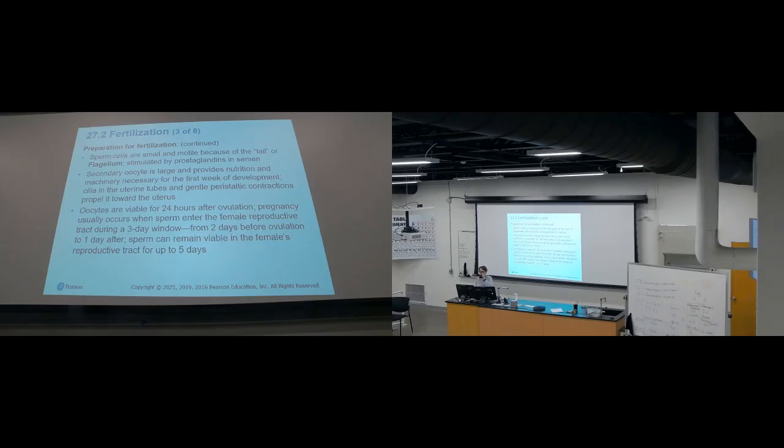Now, in terms of viability, as we already said before, out of our entire reproductive stage, females have around 30 years of potential chances of getting pregnant, and we have only 12 chances within the year.